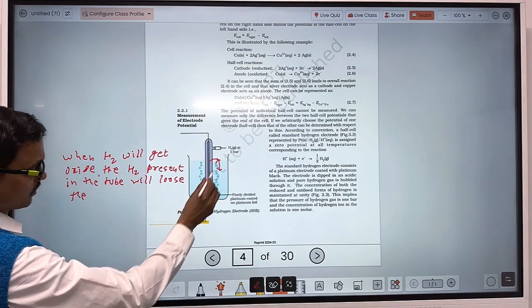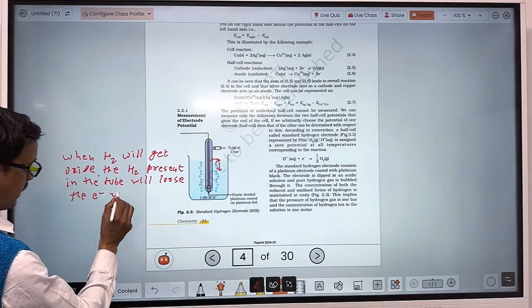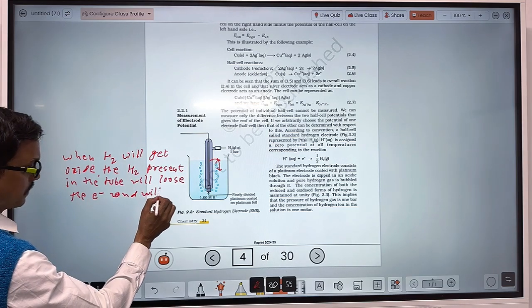The hydrogen present inside the tube will lose the electron and will enter inside the solution.